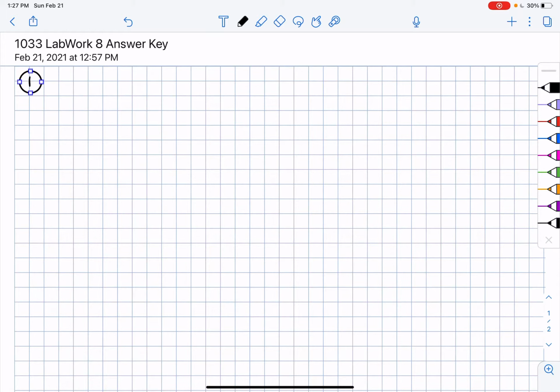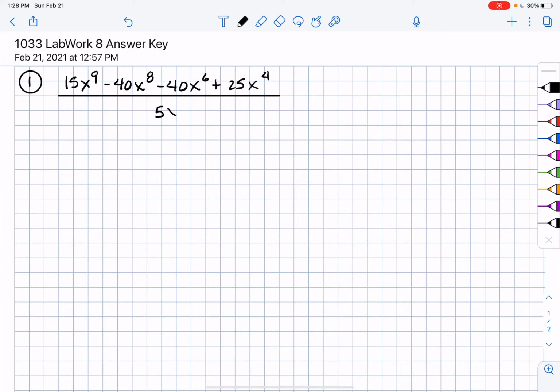So, first question says to divide 15x to the 9th minus 40x to the 8th minus 40x to the 6th plus 25x to the 4th by 5x to the 6th.